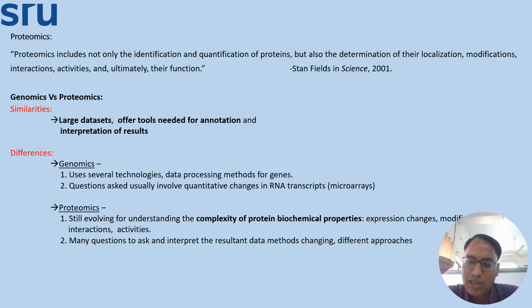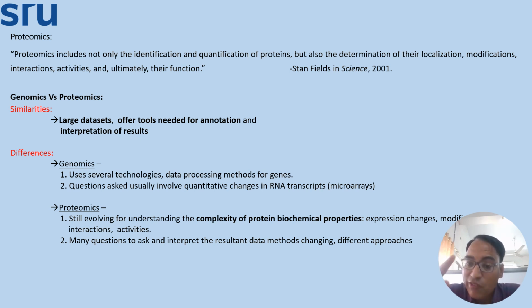Here, multiple experimental methods like microarrays for gene expression data are used: where exactly the protein is functioning, what the exact function is, and all those things. So proteomics includes not only the identification and quantification of proteins, but also the determination of their localization and modification.